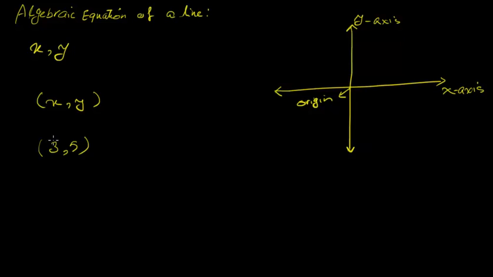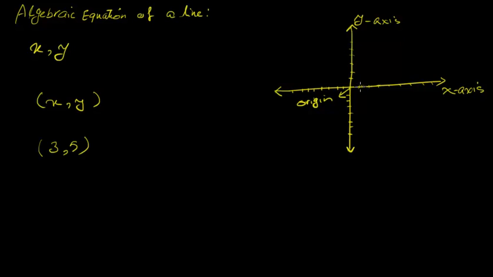What does it mean? Let me complete my number line. 1, 2, 3, 4, 5, 6, 7, 8. 1, 2, 3, 4, 5, 6, 7. Now, 3 and 5, the pair shows that we have to move 3 units in the x direction and 5 units in the y direction.